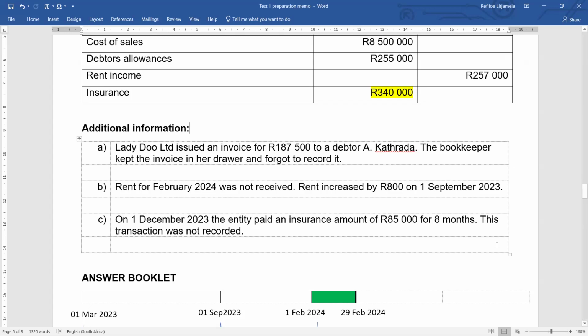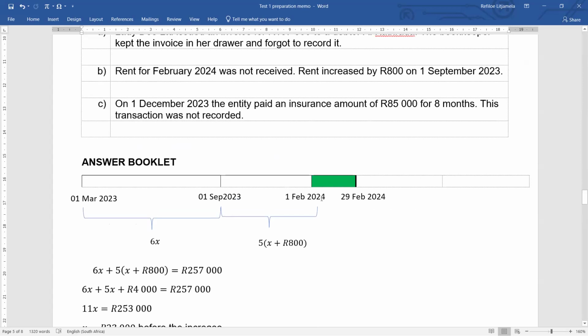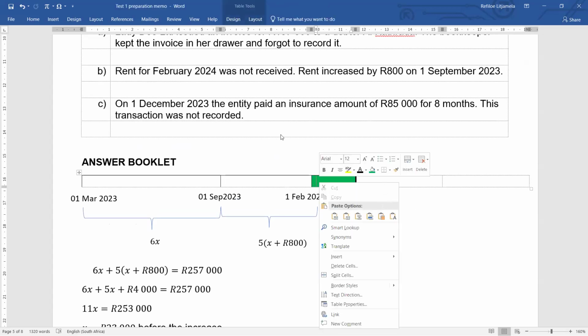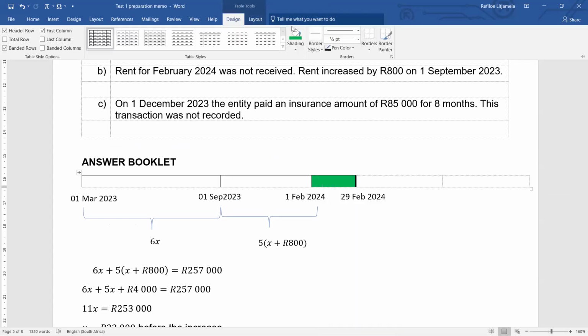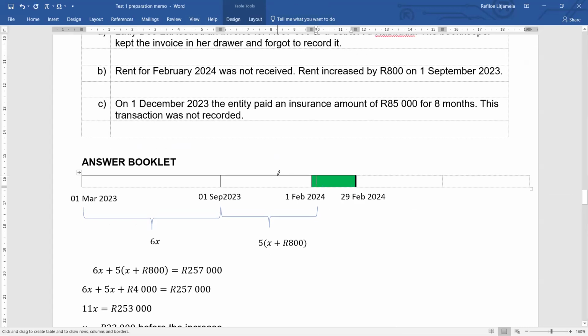So that 85,000 Rand was paid on the 1st of December. So I'm going to put December here. It was paid on the 1st of December, which is around here. So December will be around here. That's when it was paid.